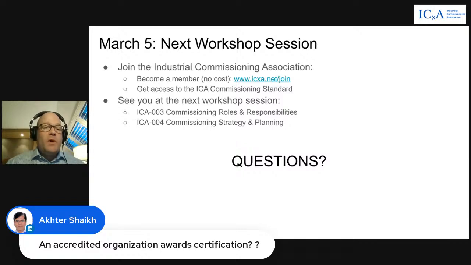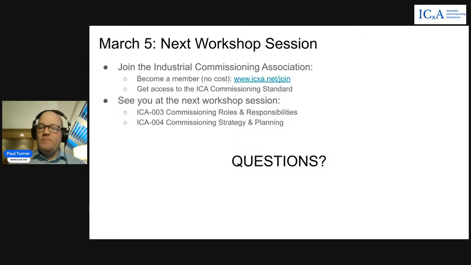That's something we're working towards as well. Once we get the standard accepted and ISO certified, then we can work towards putting together a certification body so that individuals can be certified to the ICA Global Commissioning Standard.